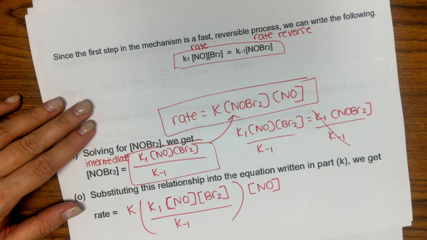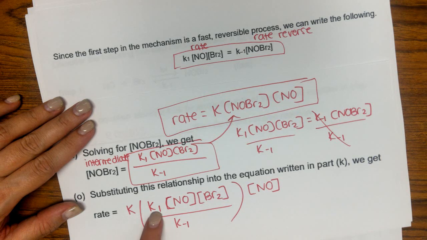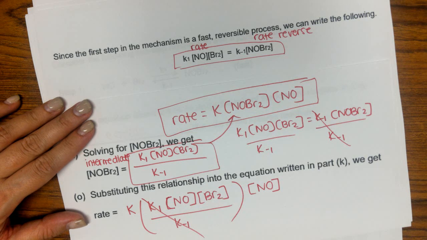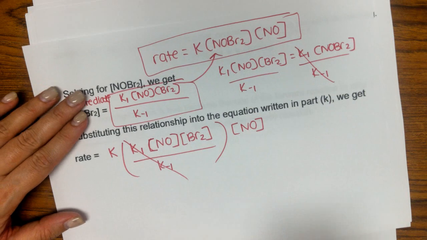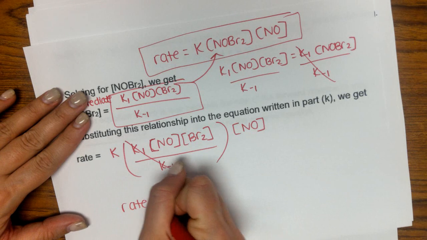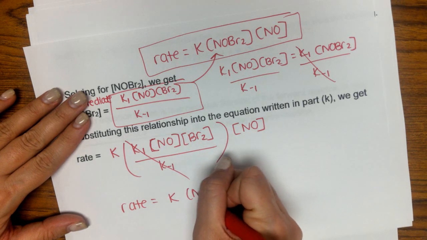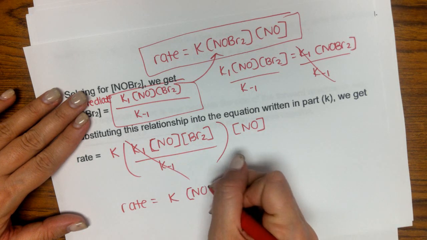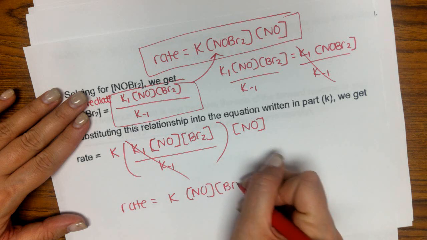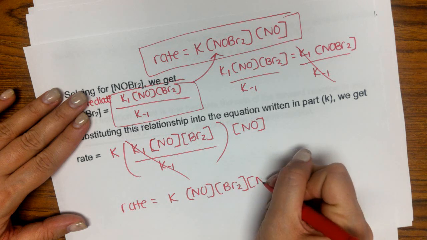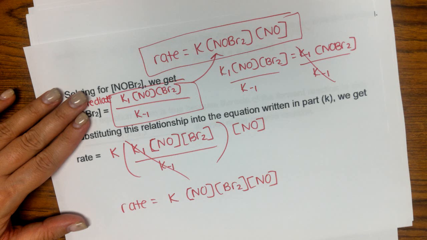Now this rate law isn't perfect. We do need to simplify it a little bit. And so whenever these numbers, we said earlier, they're fast, they're reversible, they're going to equal one another. We can scratch those rate constants out. And so now we have rate equals K times NO, and again that should be a bracket, times BR2 bracket times NO bracket.